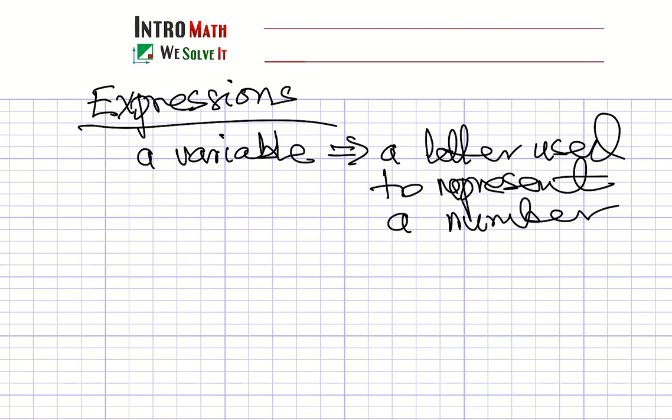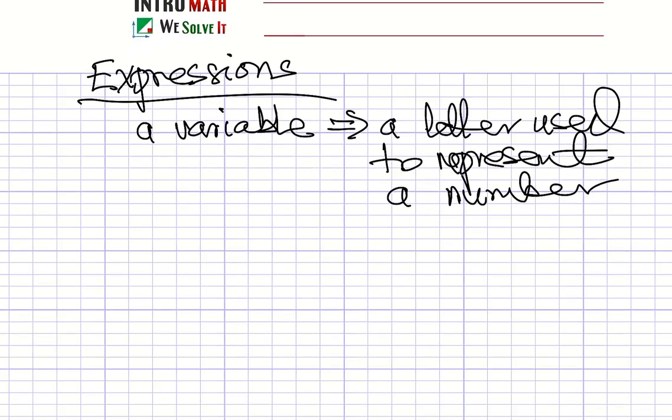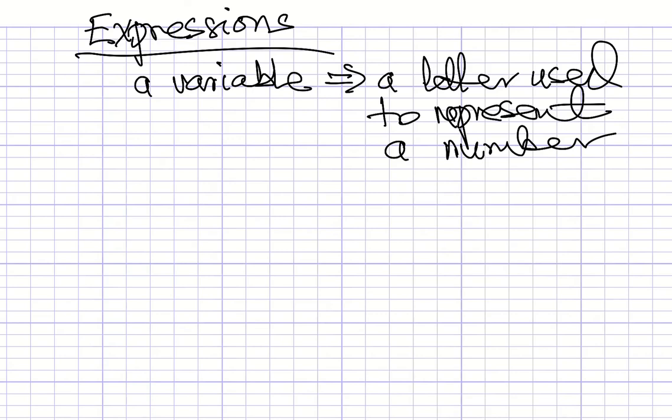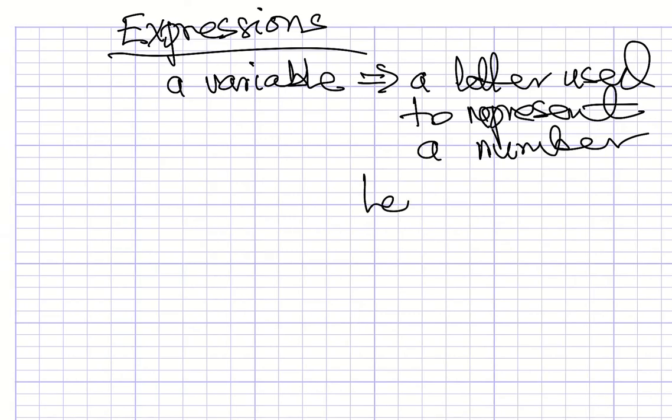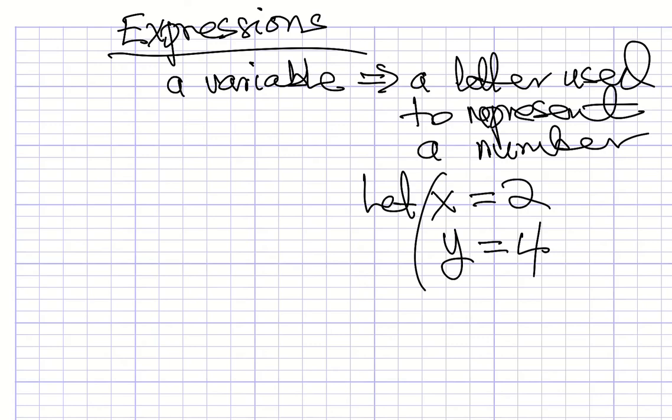That's the meaning of variable. So you can say, let X represent 2. People talk like that. You see that in algebra or in arithmetic. You can say let Y represent 4. Let Y be equal to 4, let X be equal to 2. So X and Y are variables.